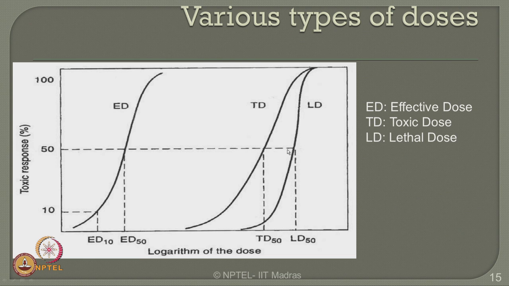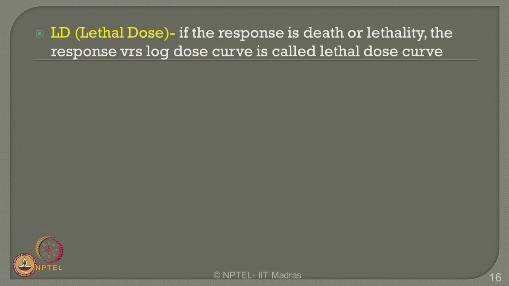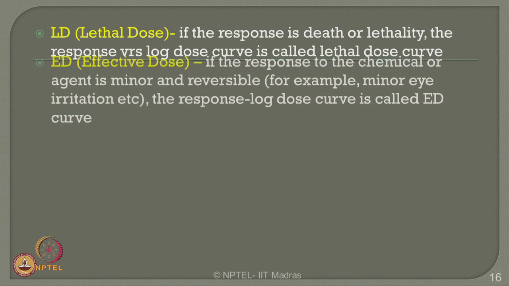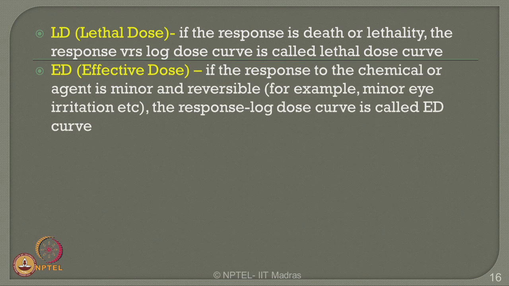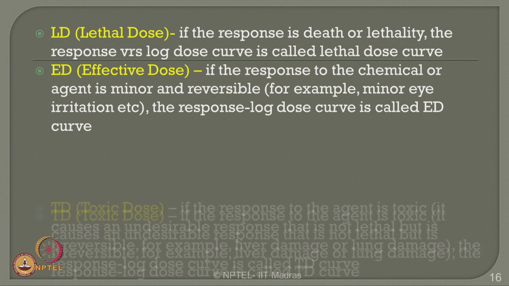Now, the question comes, what do you understand by effective, toxic and lethal dosage? Lethal dosage is defined as the following: if the response is ultimately fatal, or lethality, the response versus log dose curve is called the lethal dose curve. If the response to the chemical or agent is minor and reversible, for example, the exposure causes you minor eye irritation, the response versus log dose curve is called the ED curve.